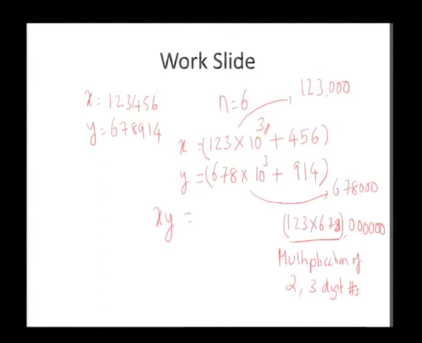This is the multiplication of two 3-digit numbers. This is the whole idea, that we have reduced the size of the problem, and this is extremely important.